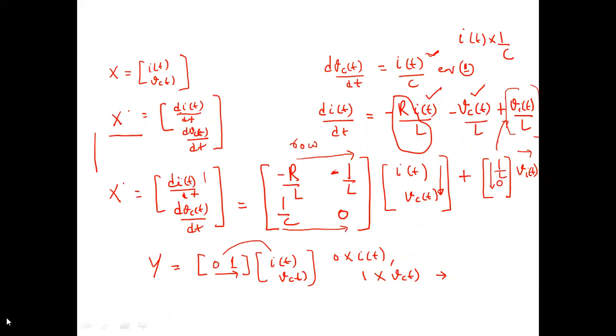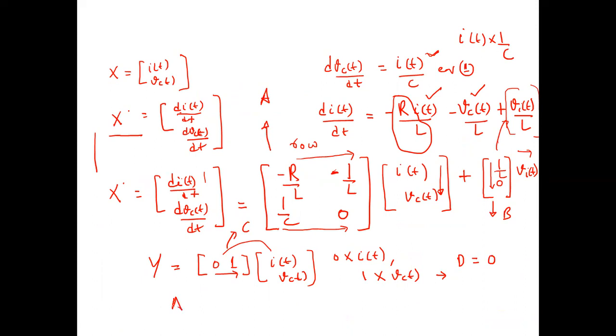From these equations, now I have got these matrices. This matrix I call A, then this matrix I call B, and this is my matrix C. The D part is straightforward, it is 0.